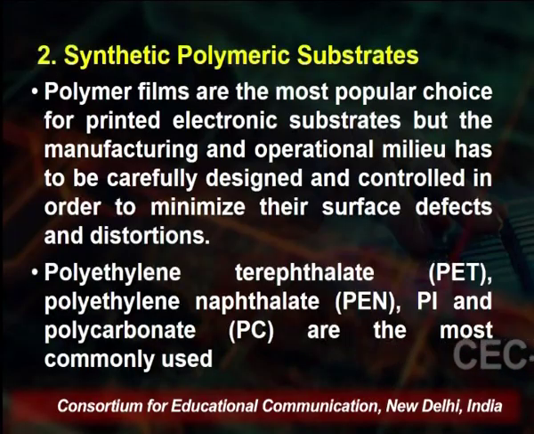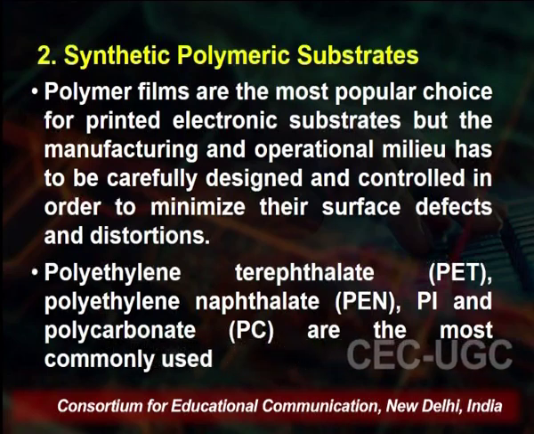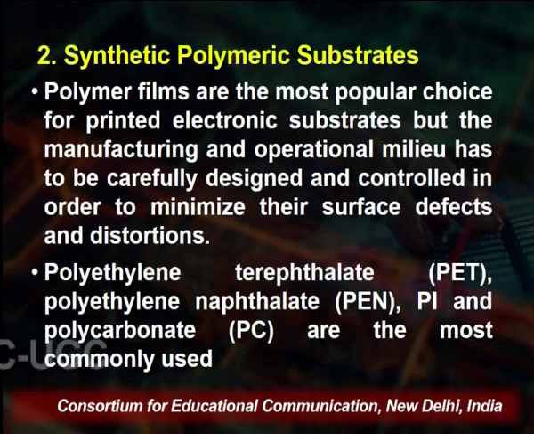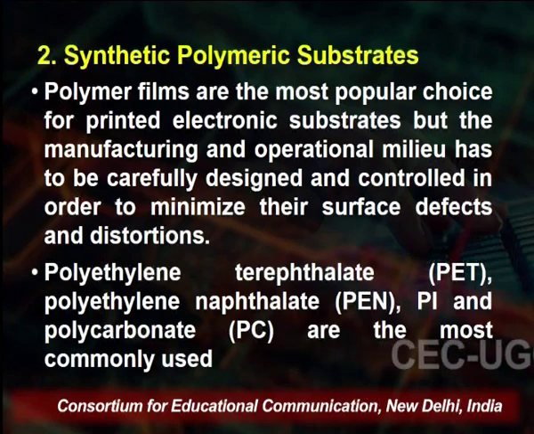Another type is the synthetic polymer substrates, in which we have a number of substrates which can be used. Polymer films are the most popular choice for printed electronic substrates, but the manufacturing and operation of polymer films is a very tedious task, and it must be carefully designed and controlled in order to minimize their surface defects and distortions.